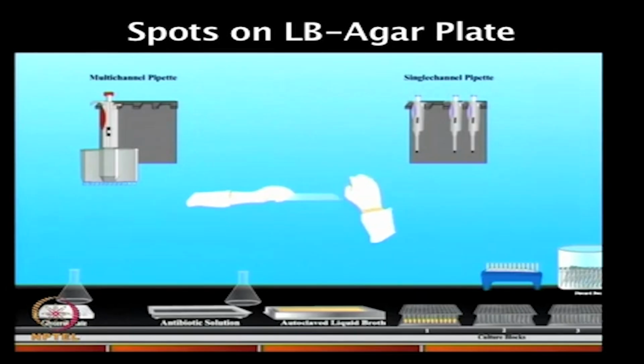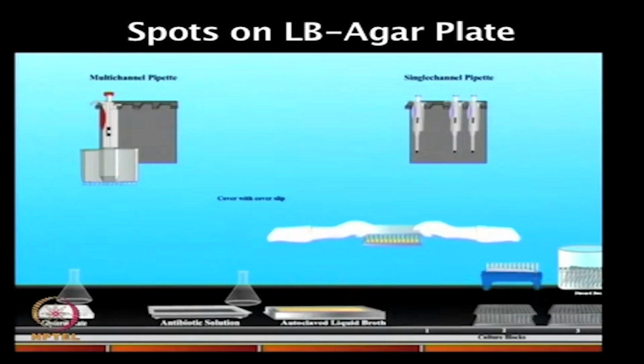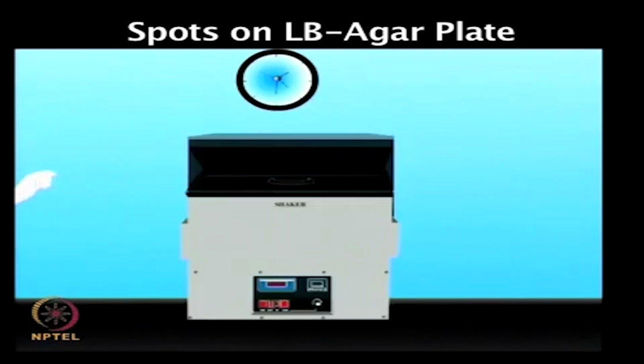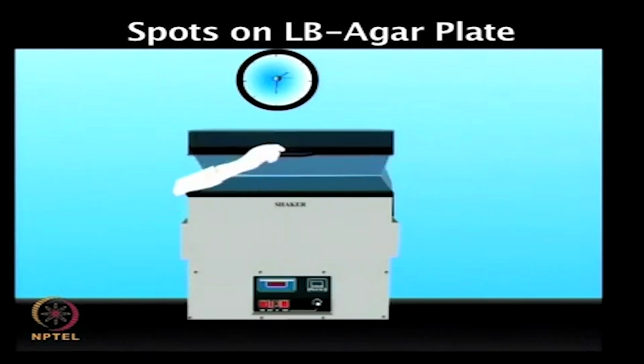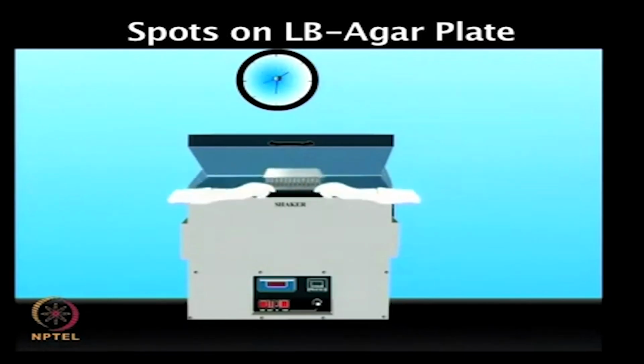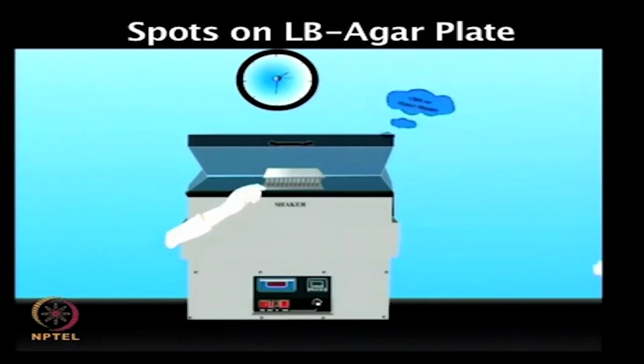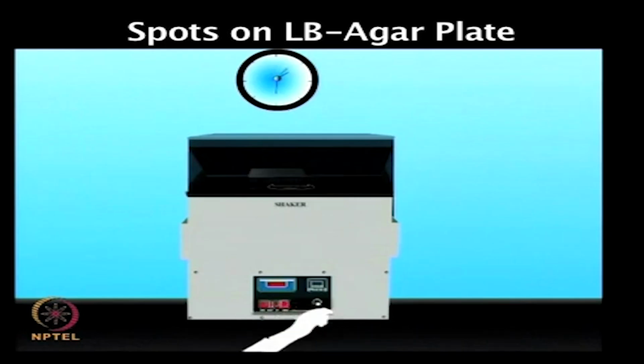Now, cover the deep well block with a permeable seal. Ensure that sealing is proper and then incubate the cultures on a shaker. You can grow the culture at 37 degrees at 300 rpm.